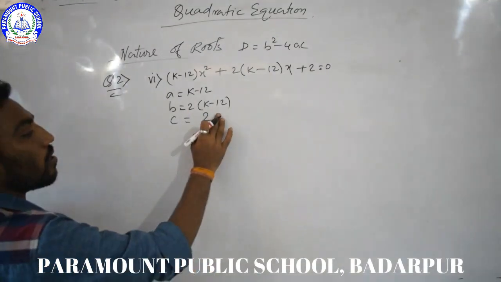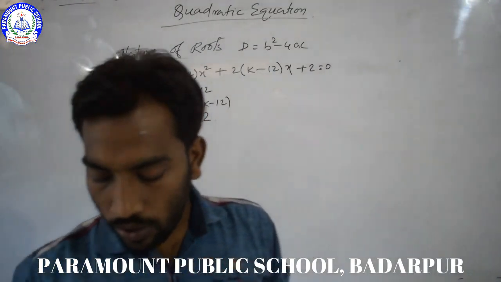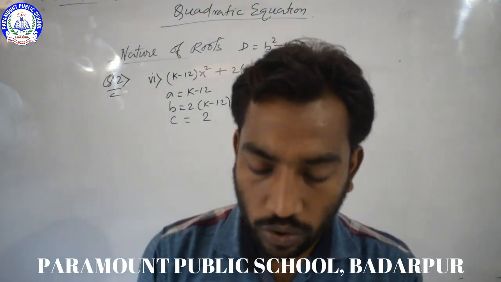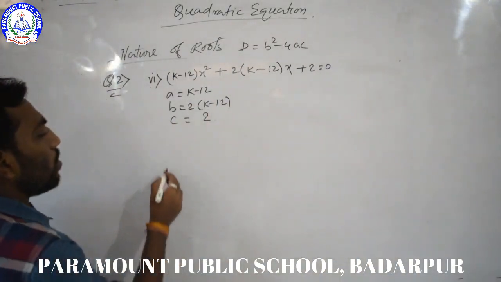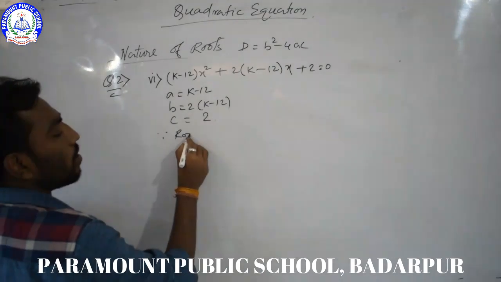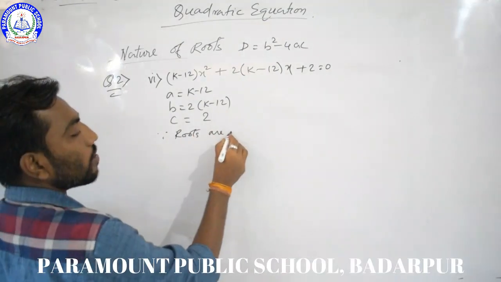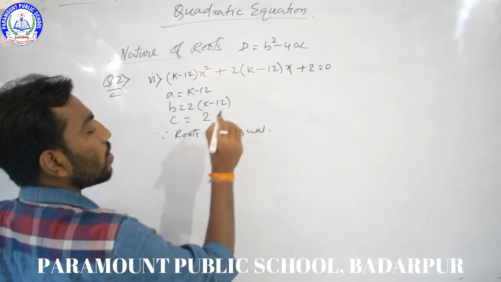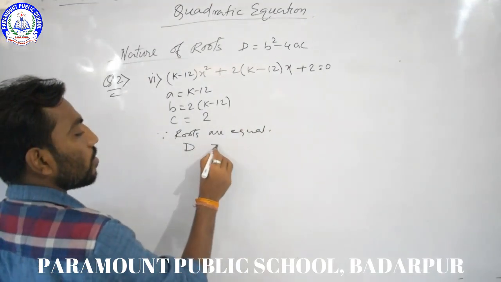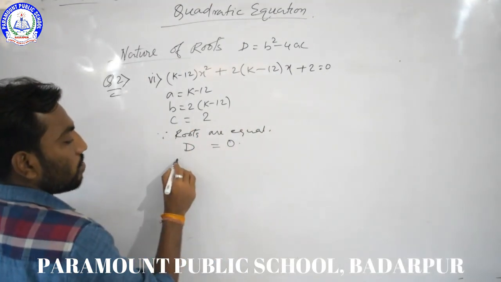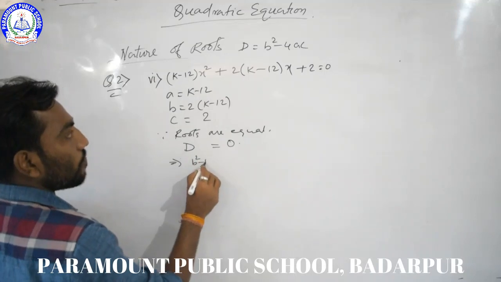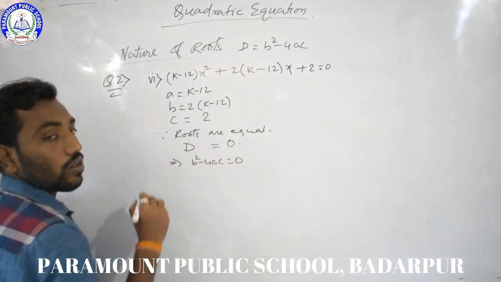So let us go to our given condition. What was our given condition? That the roots are equal. So since the roots are equal, we can write our discriminant is equal to 0. That is nothing but b square minus 4ac is equal to 0.